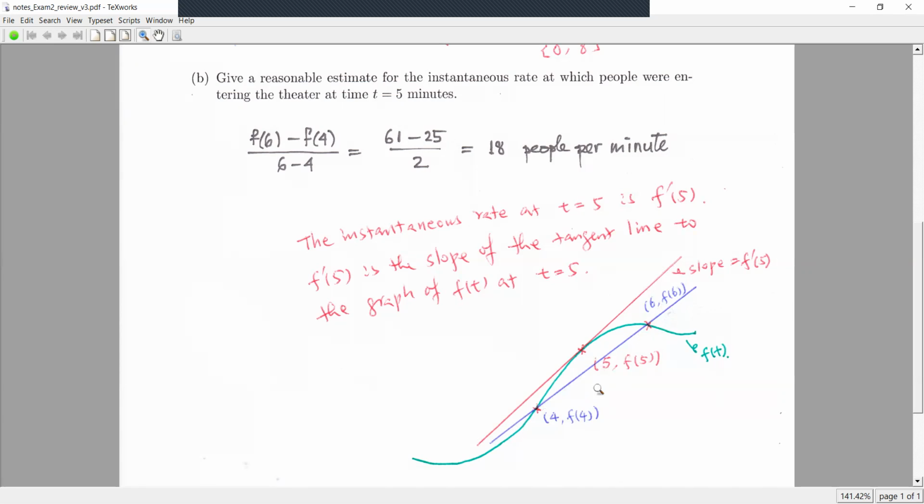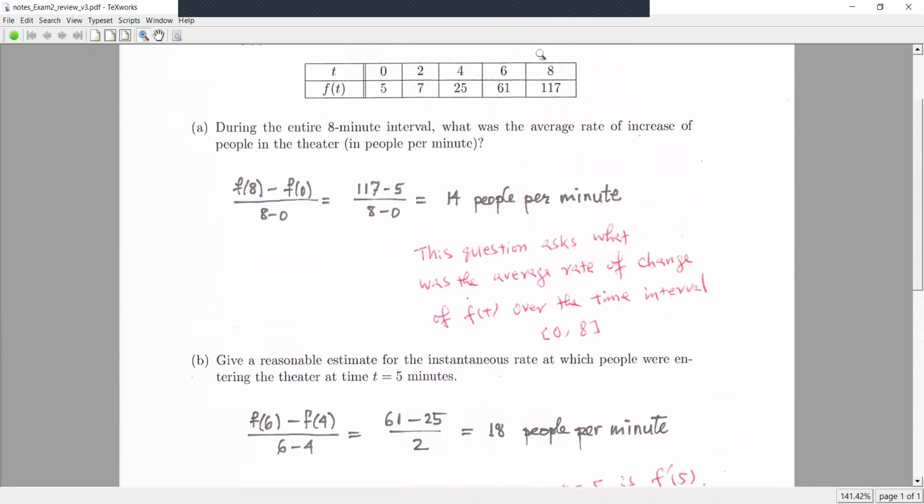The slope of this secant line by the slope formula is y2 minus y1 over x2 minus x1. From the given table here, the function value at 6 is 61.